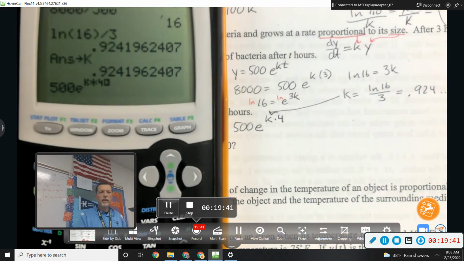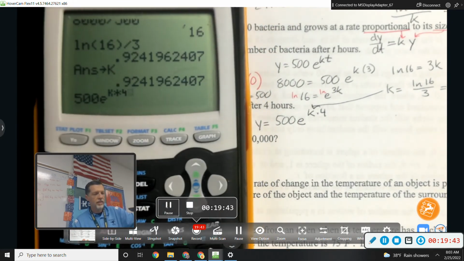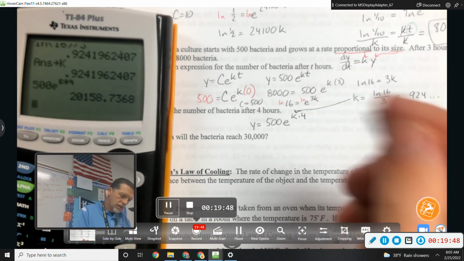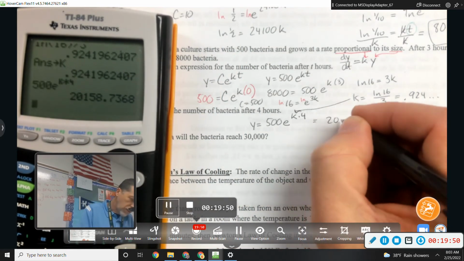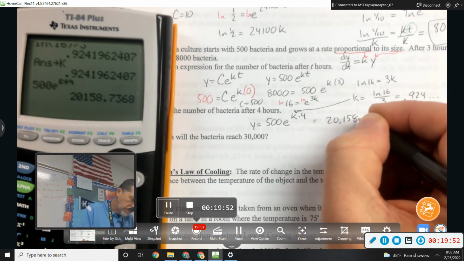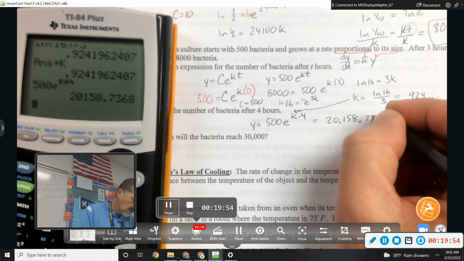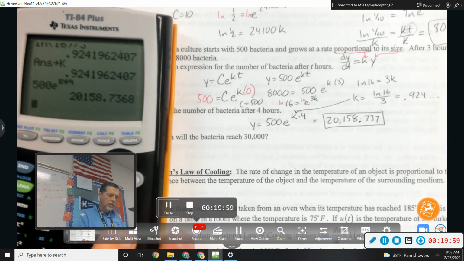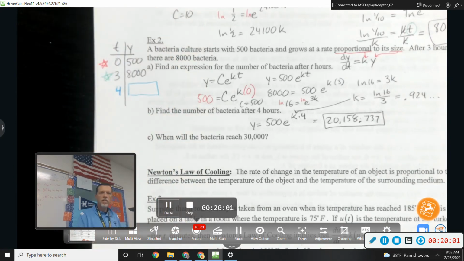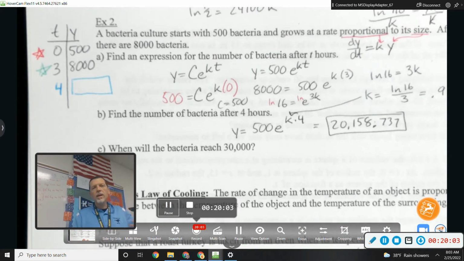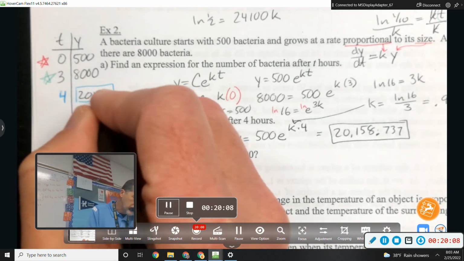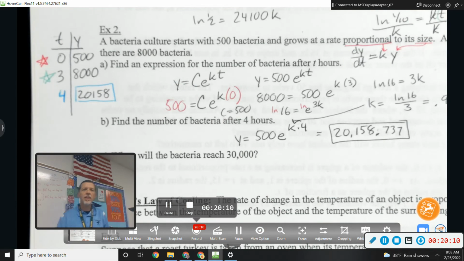I don't want to minimize how easy it is, but that's all you do. 20,158.737 bacteria. That's your answer, so you don't really have to put it in the table, but if you want to, you can. It kind of keeps track of your information.